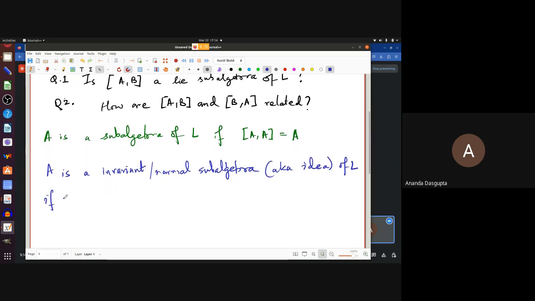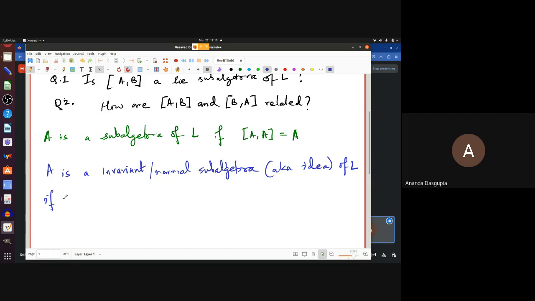Well, we say that if you took the Lie bracket between an element of A and any element of L, the result would be in A. In general, of course, that's not true.